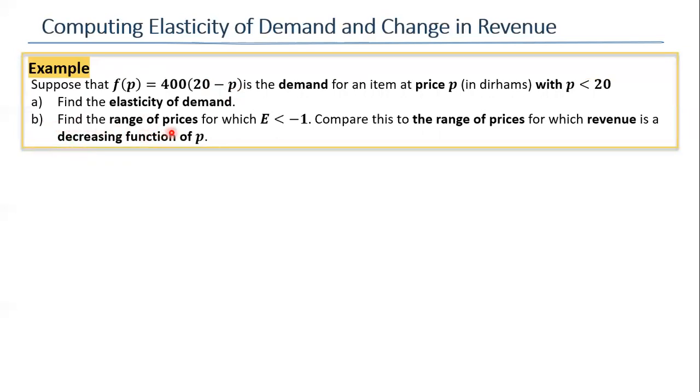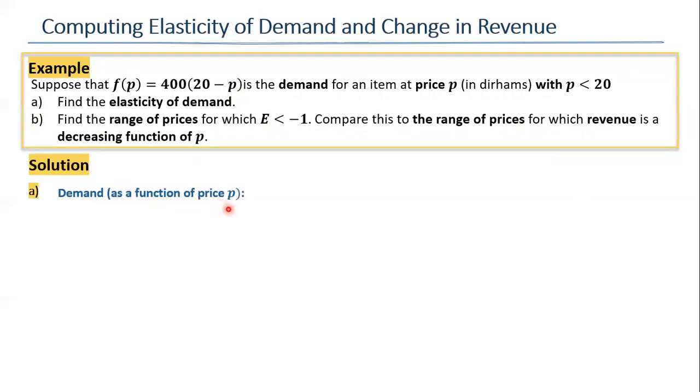B, find the range of price for which E is less than -1, and compare this to the range of price for which revenue is a decreasing function of p. So we have A and B, and B has two parts. Let us solve this problem.